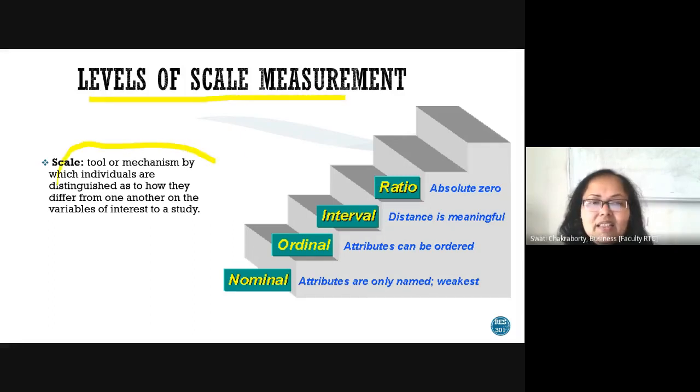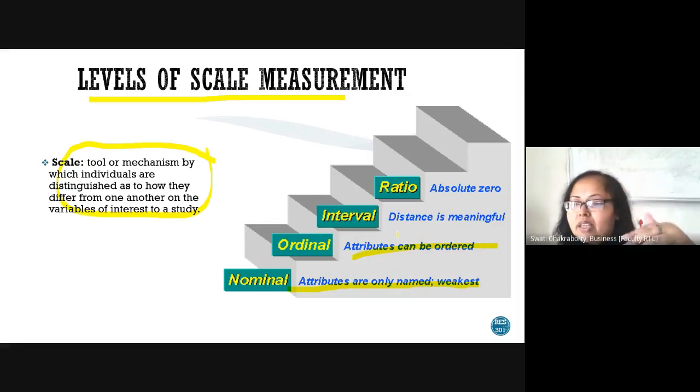So, the levels of scale measurement. What is a scale? It's a tool or mechanism by which individuals are distinguished as to how they differ from one another on the variables of interest to the study. The first level is nominal, where attributes are only named, and it's the weakest. Then ordinal, where attributes can be ordered. Interval, where distance is measured, and ratio, where we talk of an absolute zero.